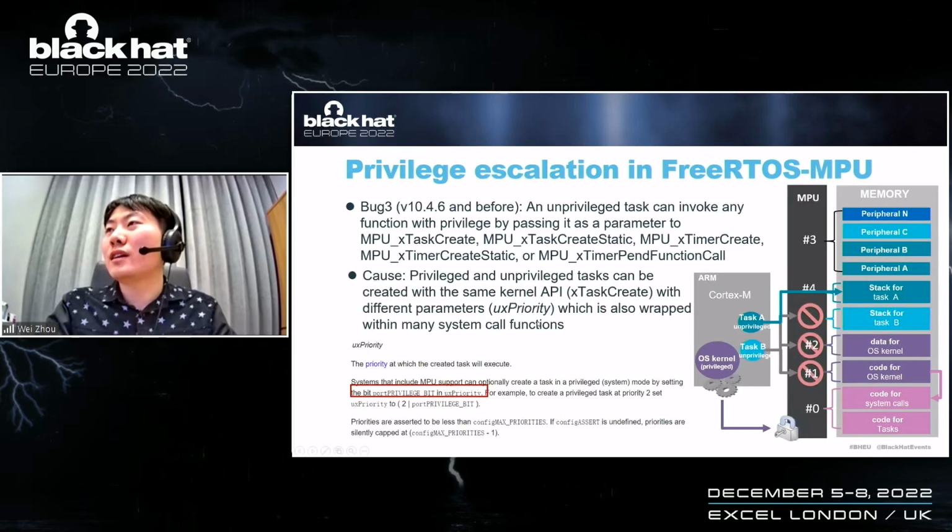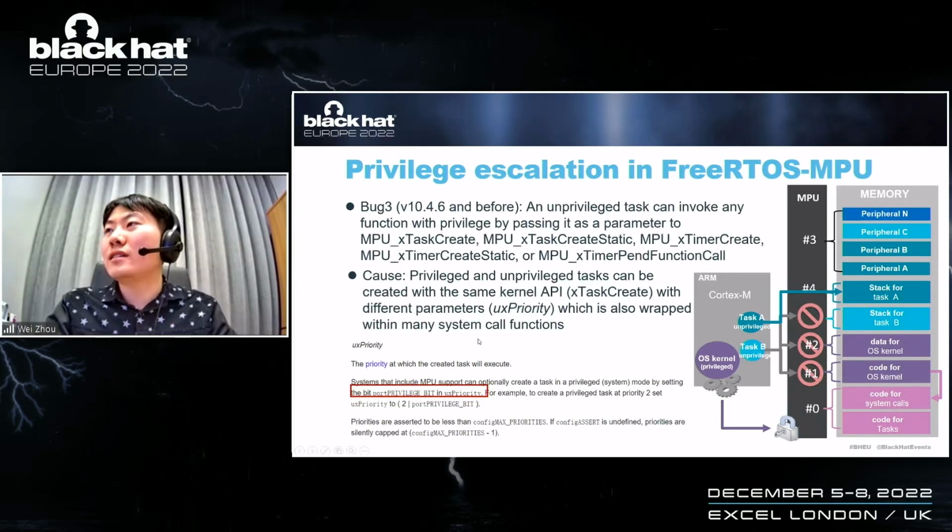However, we found another problem that still works. Although we cannot manipulate the value on the stack to change the privilege level, we found that FreeRTOS can create a task with the kernel function named task create. And these functions have also been wrapped by many system calls, for example, MPU task create and MPU task create static.